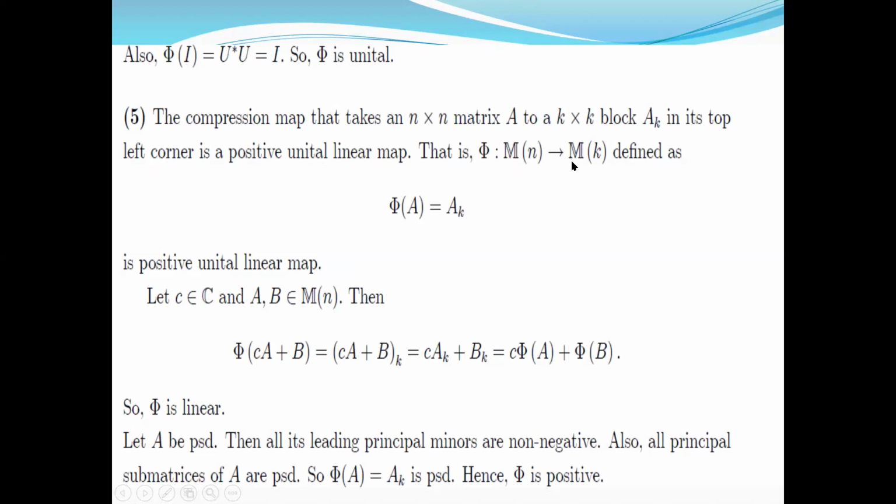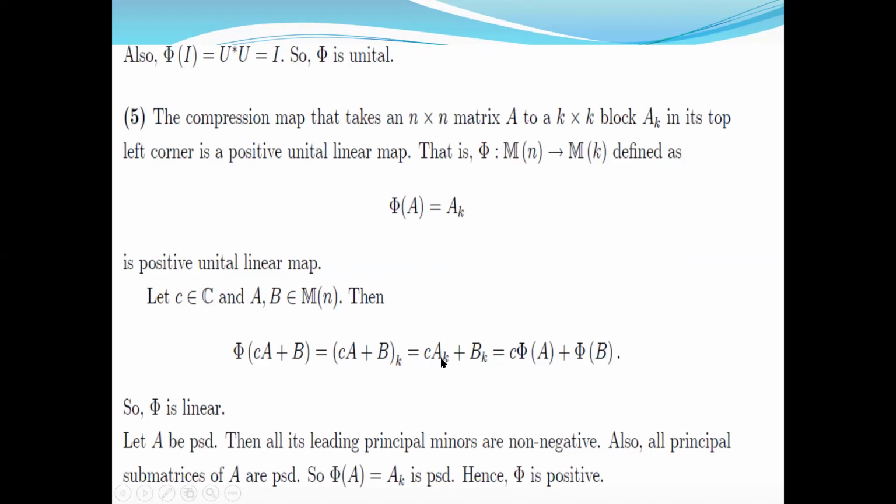That is, phi from Mn to Mk is defined like this: phi(A) = A_k. A_k you can think of as the leading principal submatrix of order k, where k is less than or equal to n. Linearity follows because phi(cA + B) is the leading principal submatrix of cA + B of order k.